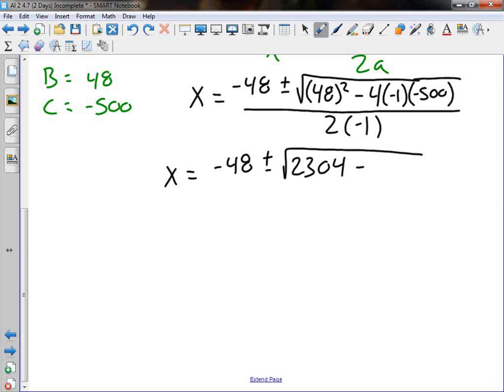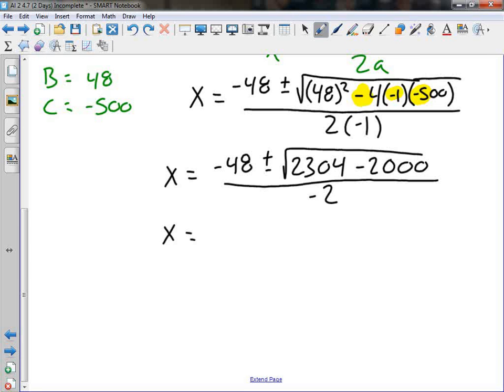Now, if I look here, I've got 1, 2, 3 minus signs, which tells me that my final answer is going to have a minus sign. 2 of those minus signs will make a plus sign. The third one will leave it as a minus. 4 times 500 will be, it looks like, 2,000, all over negative 2.